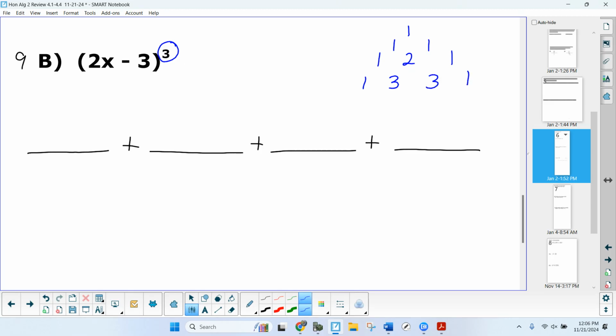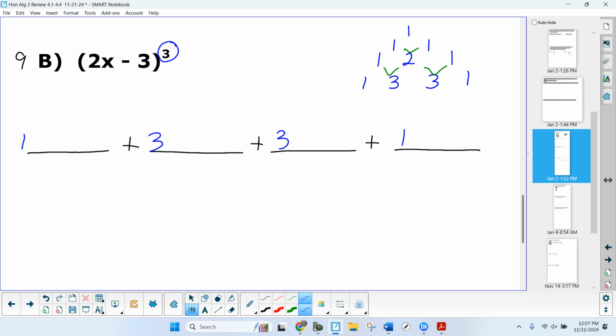So those are my coefficients. And do you know how to make that triangle? Okay, 1's on the end, and then you just add. Okay, and then the next row would be what? 1, 4, 6, 4, and then 1. Good. All right. So now my coefficients are 1, 3, 3, 1.